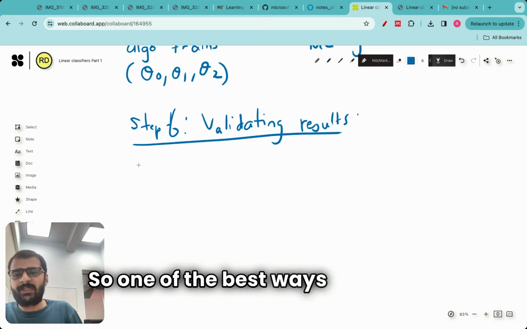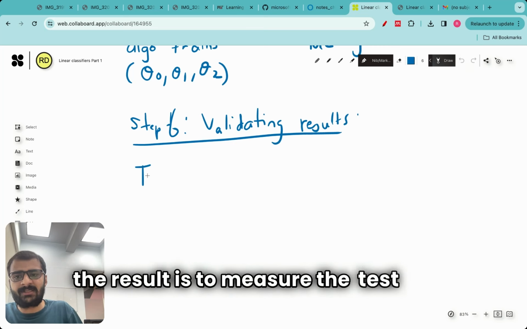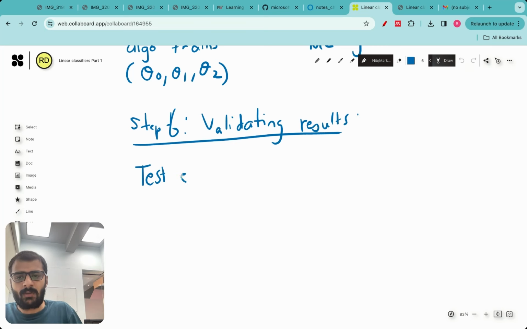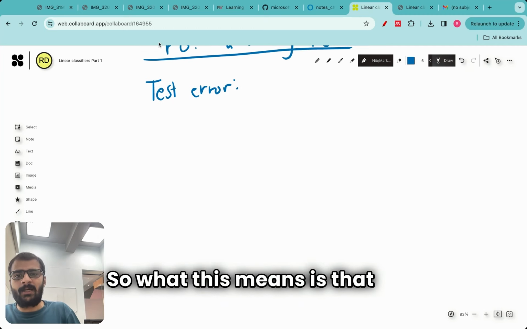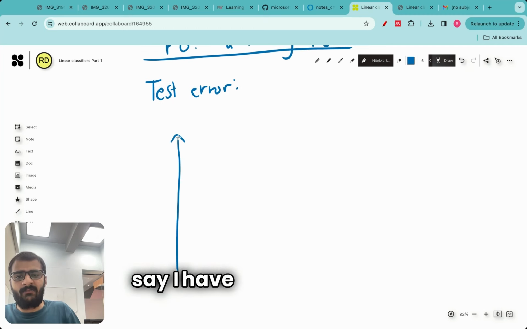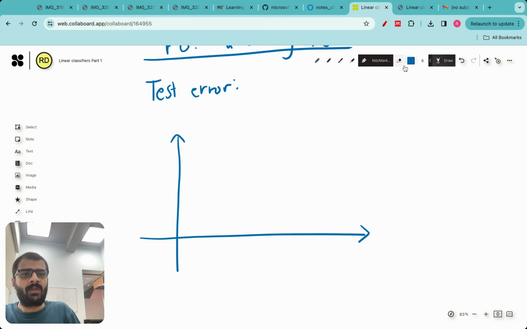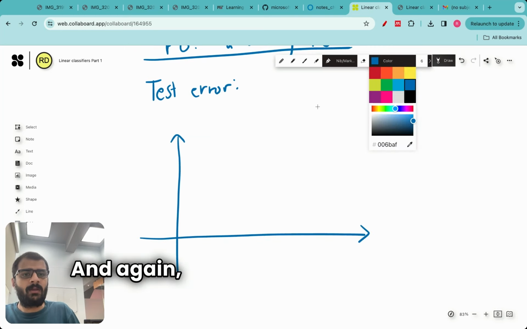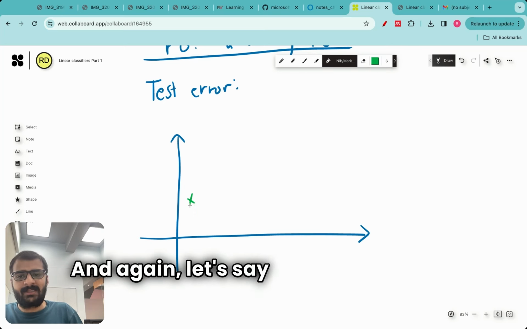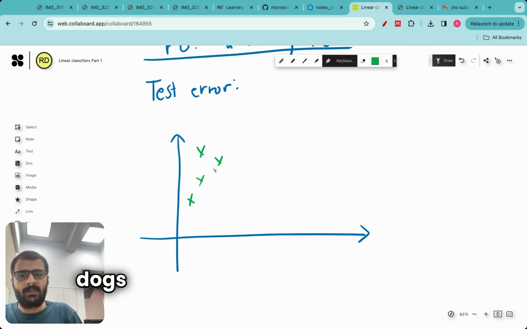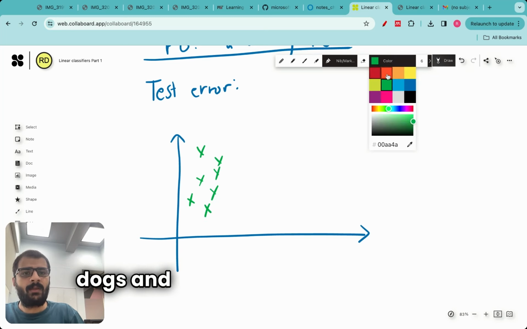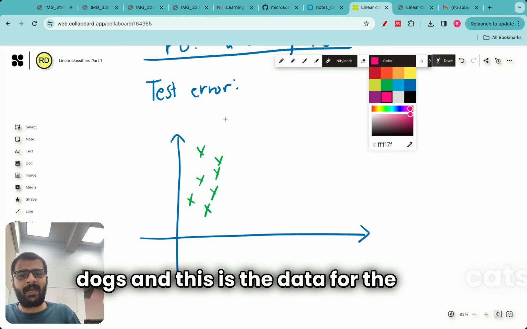One of the best ways to validate the result is to measure the test error. What this means is, let's say I have the data, and let's say this is the data for the dogs, and this is the data for the cats.